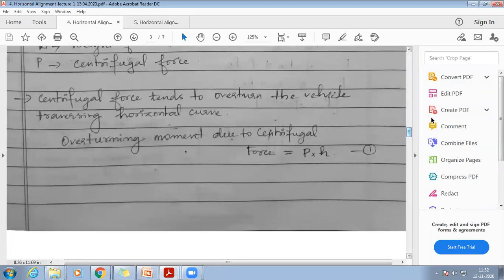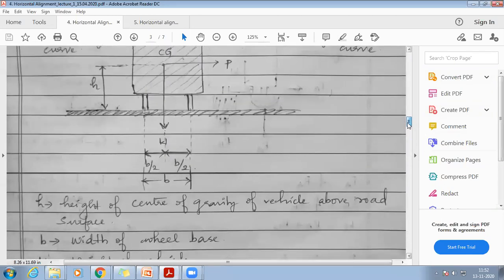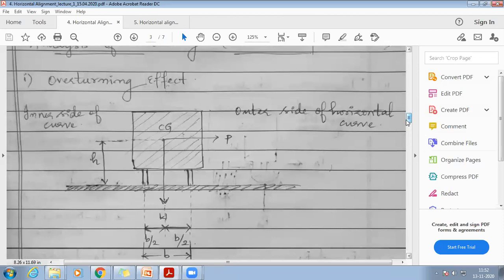Now there is something called a restoring moment in this case. The centrifugal force is pulling the vehicle towards the outer side of the curve, so there is a restoring moment to bring the vehicle back to its original position.